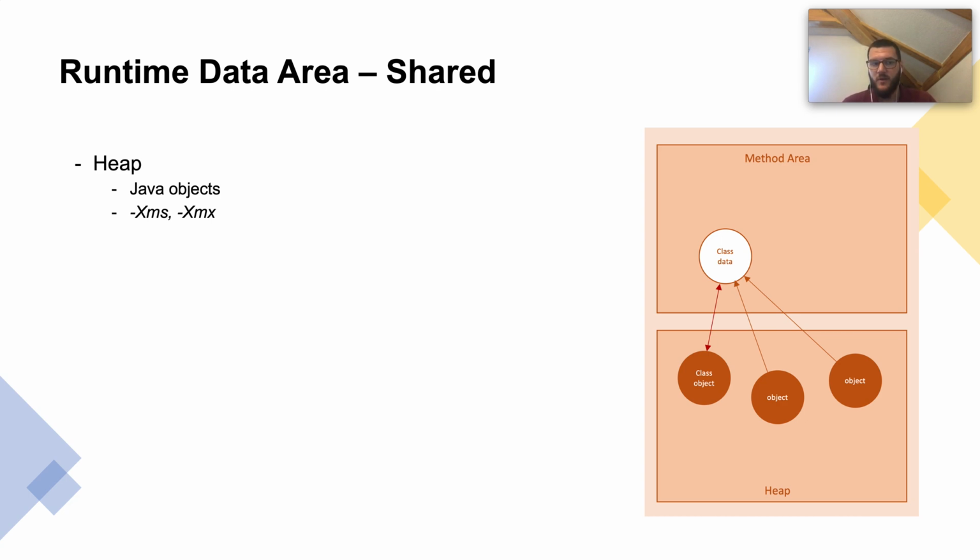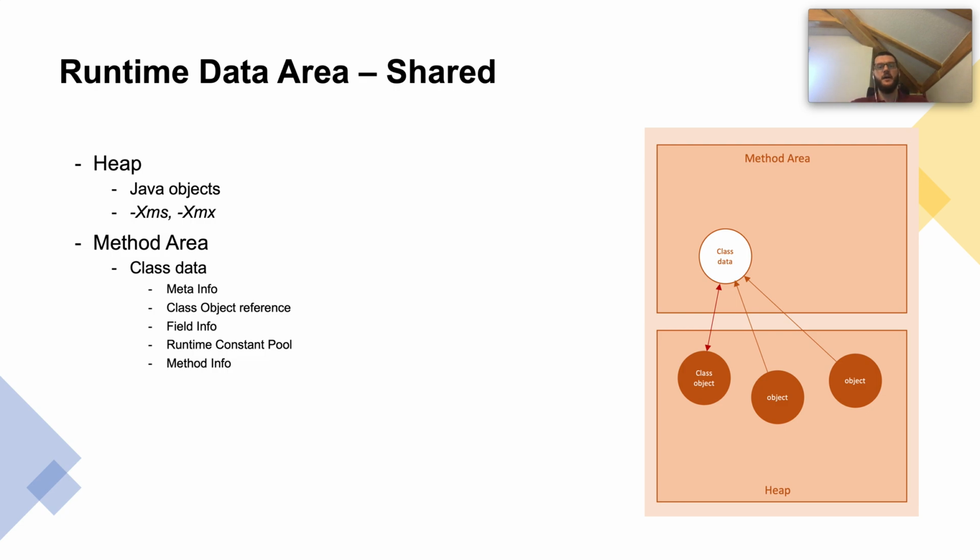When we tune the JVM memory, we usually do it with heap memory. The Xms option sets the initial size of the heap, and Xmx sets the maximum size of the heap.